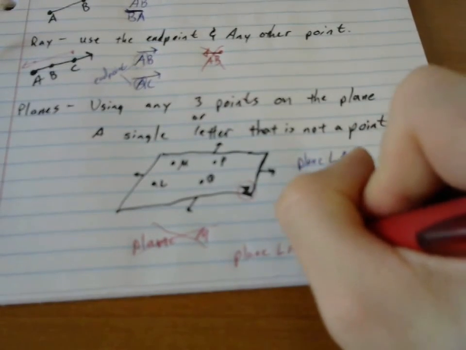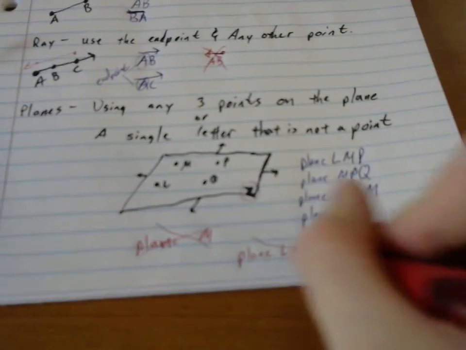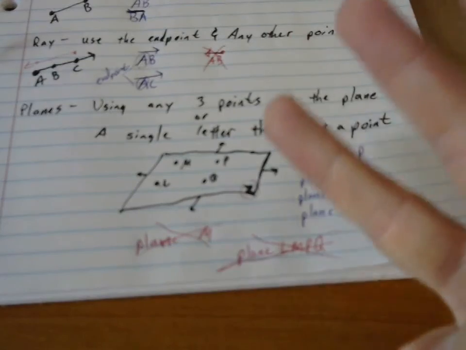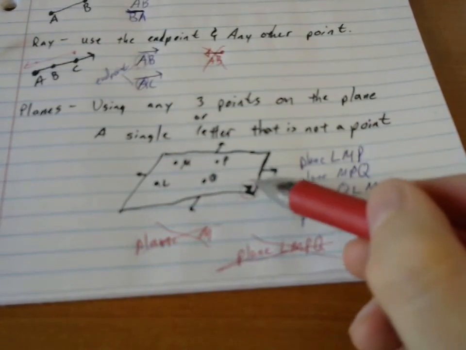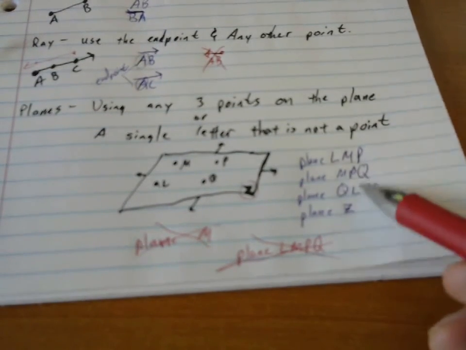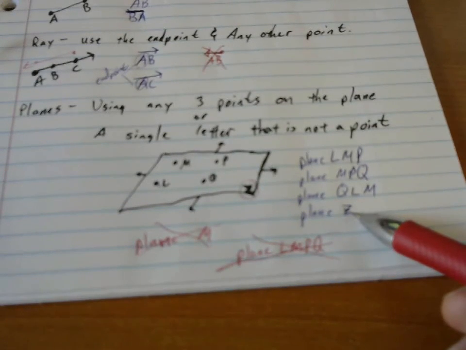L, M, P, Q. I cannot name a plane with more than 3 points. That is an incorrect thing to do. Do not do it. 3 points, only 3 points. Or a single letter which is usually hanging out in the corner that does not have a point. I personally prefer the 3-point way, but sometimes you come across textbooks or resources online that do it with the 1 capital letter. All right.